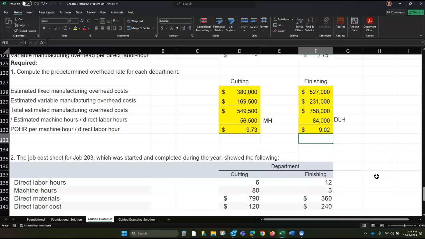Let's talk about why, because again, why answers a lot of things. So in the cutting department, we're using machine hours. So imagine, let's say that we're cutting sheet metal. The way that sheet metal cutting works is you probably already have a predetermined little program that you've downloaded into the machine.